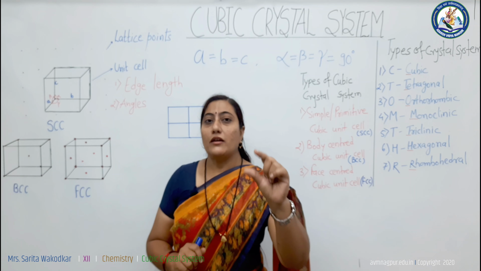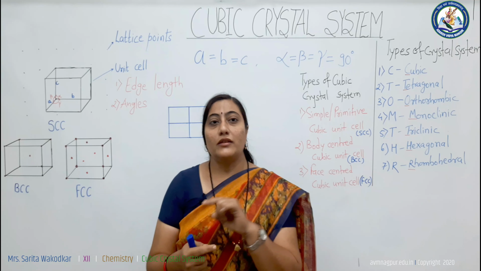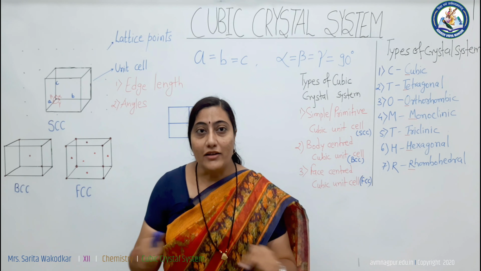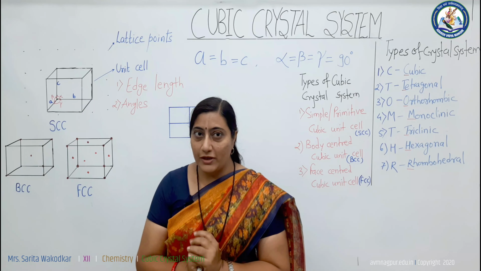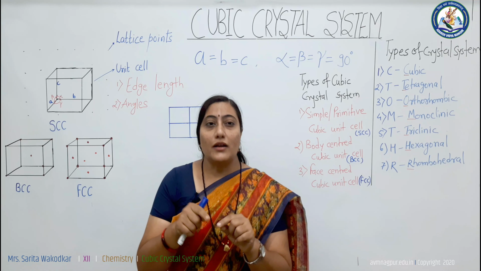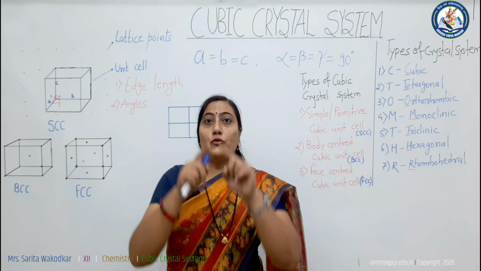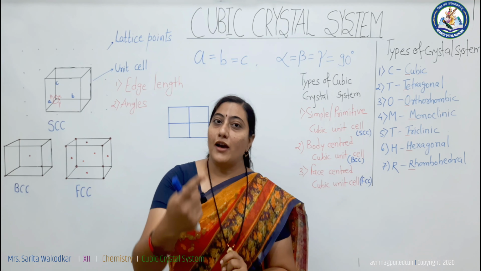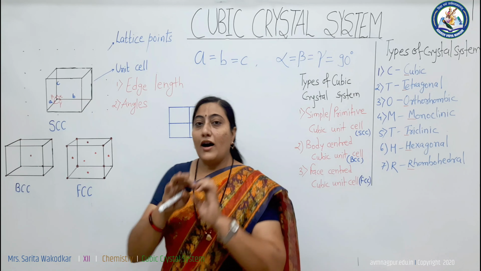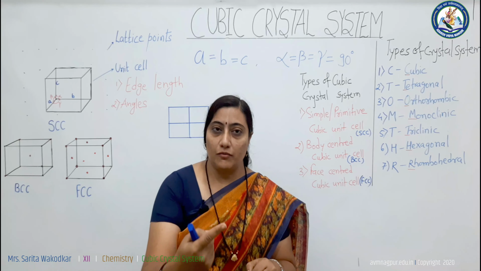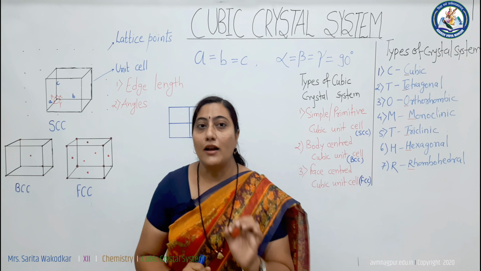So, the single brick is known as the unit cell, and after arranging those bricks, we get a giant structure which is known as the crystal lattice. Understood? Means if we consider one brick, it becomes the unit cell. And when the whole wall is built, it becomes the crystal lattice. Same here, if we arrange this cube in three dimensions, we get a structure which is called the crystal lattice.